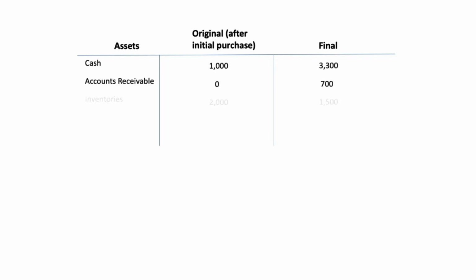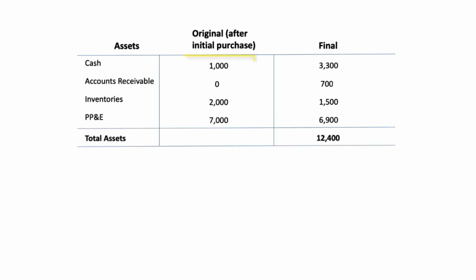Now it is 700. Inventory was 2,000 to start with. Now it is 1,500. Plant, property and equipment was 7,000. Now it is 6,900. So total assets initially were 10,000 and now they are 12,400.